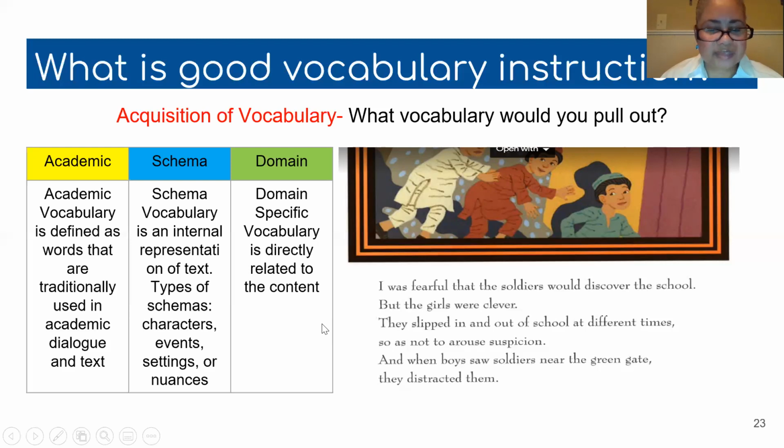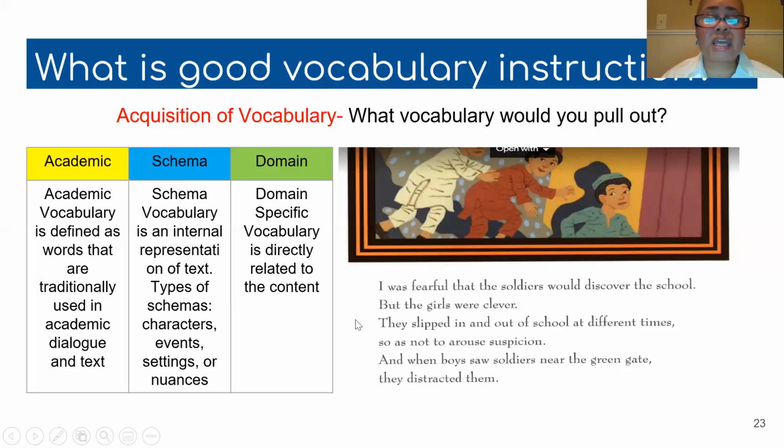Well, one of the words I think that I would pull out is the word clever. Now, why would I pull out the word clever and discuss it and give an opportunity for students to explain what they think the word clever means? Because within the text, there are some examples of how the characters were clever. Let's take a look.